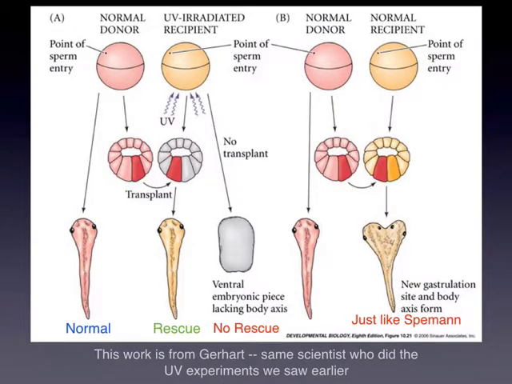Okay, so we're looking at a slide here that depicts an interesting experiment that's not that different than the ones that you saw from Spemann, except this one was done in the 1980s by Gerhart, and he's the gentleman that did the gravity rescue of the UV single-cell embryo that we looked at earlier. So what Gerhart's doing in this situation is we've got two fertilized eggs.